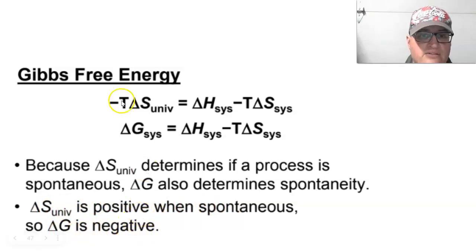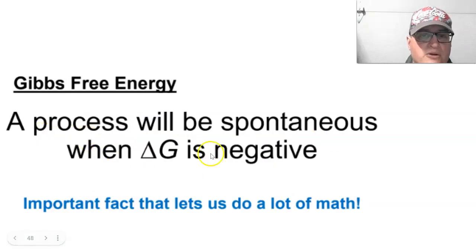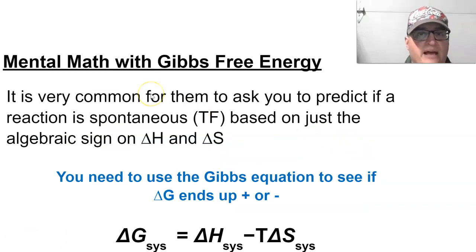So when something is positive in the universe, that means we're going to have a negative value here. So when it's negative, we've got spontaneity. Now, some mental math, because there will be some parts where you're going to be calculating these for sure, and then other parts where you have to understand, based upon the conditions, what that means for delta G. One, this saves you time on the AP test, but also there are times where you're just going to have to explain it and not show a calculation.